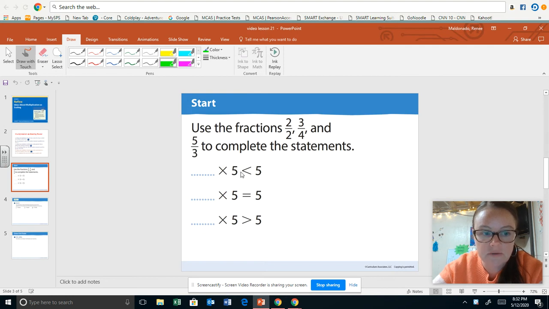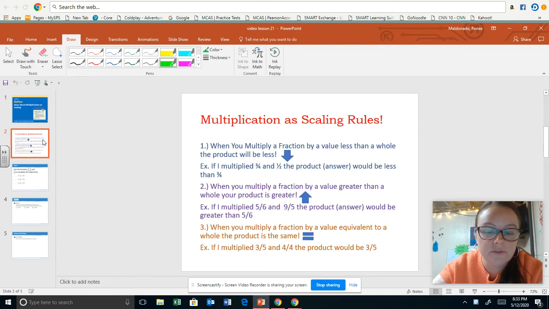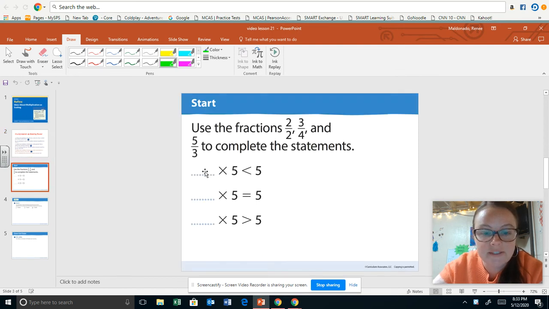Okay, so again, if my answer on this side is going to be smaller than 5 wholes, I know, according to my rules, that it needs to be less than a whole. So I need to find a fraction up here that's less than a whole, that if I multiply it by 5, would be less than 5 wholes. Can you find it?